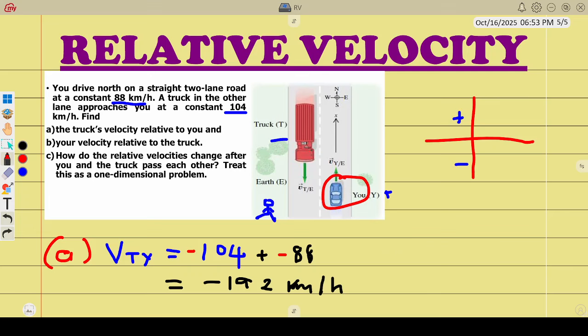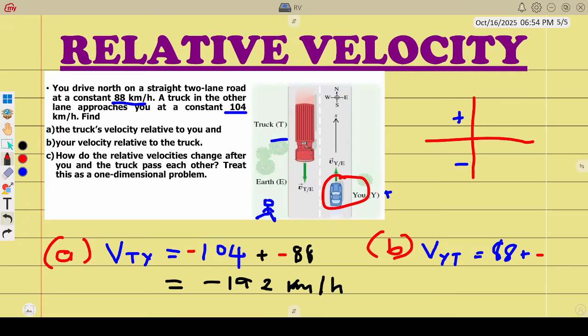And then on B, what is your relative velocity to the truck? So your velocity when you're looking at the truck. Here yours is 88, and then we say plus, although it won't really be plus, because since we're going in the opposite direction, now we put a minus.